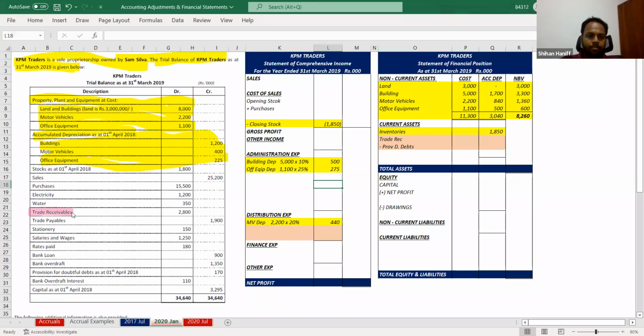Trade receivables 2,800. Provision for doubtful debts 170. These are the balances. So first, take those two balances into the SFP: 2,800 and doubtful debt 170.